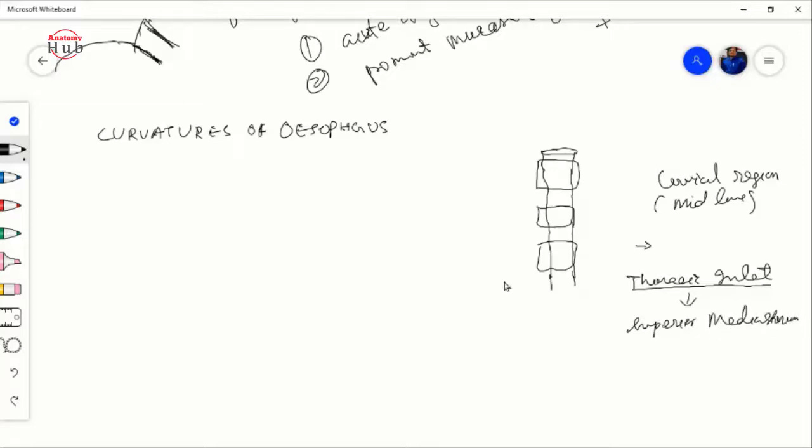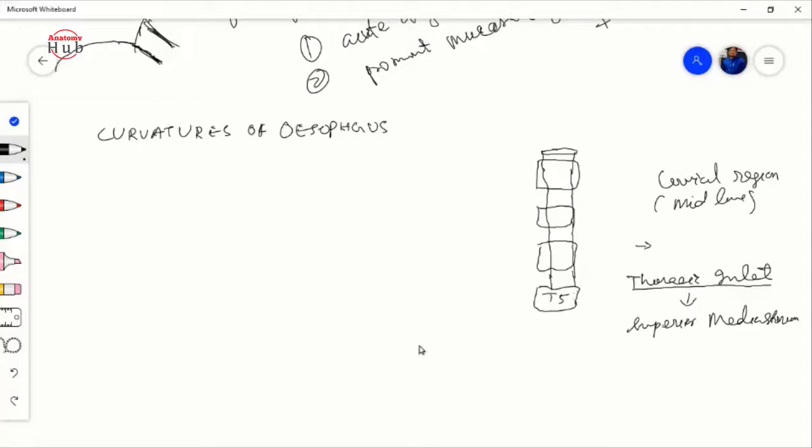At which level? At the level of T4, T5. Thoracic inlet at T4, superior mediastinum T5 vertebra.